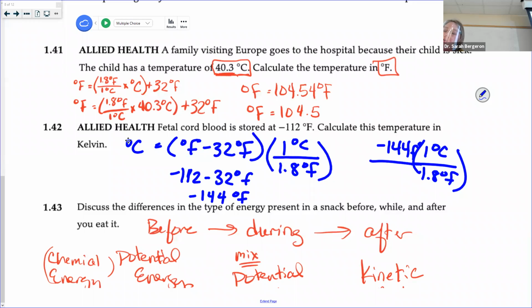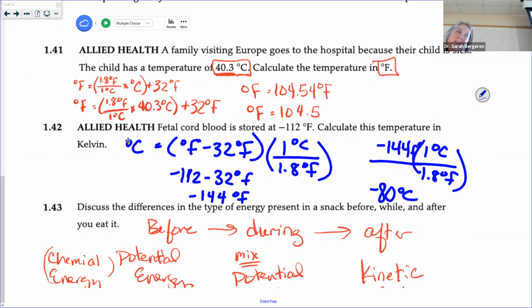So what is 144 divided by 1.8? Put it in your calculators. What is it? But don't forget the negative, so it should be negative 80 degrees Celsius. That's not what we got last time, was it?